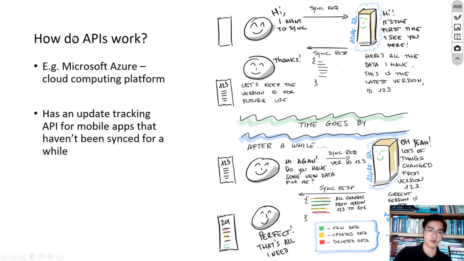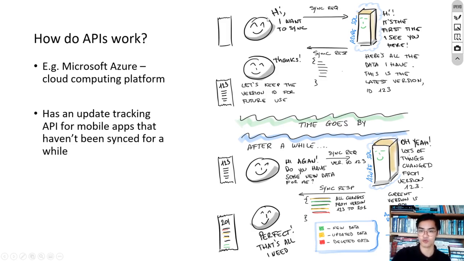They made this for mobile apps that are created in Microsoft Azure, that are downloaded on mobile phones but haven't been online and synced for a while. They made this API for easier updates. It doesn't matter if you have been offline and not synced for 6 months. Once you go online, it's going to use this API to get updates from the server.